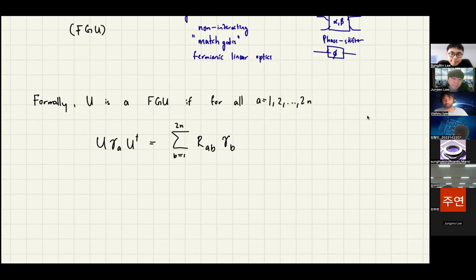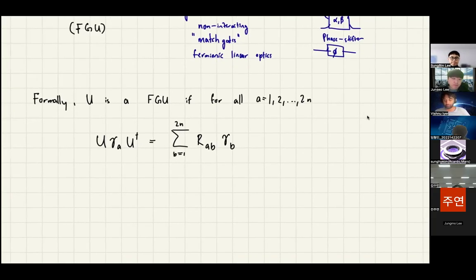Okay? This is what a fermionic Gaussian unitary is. You can write U Majorana U dagger as just the sum of 2n operators.